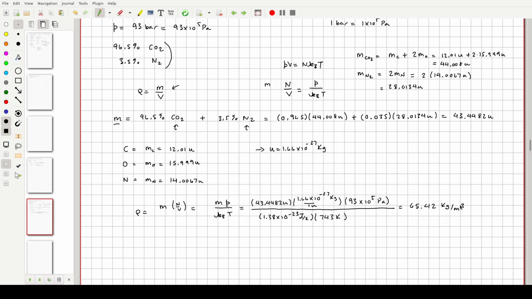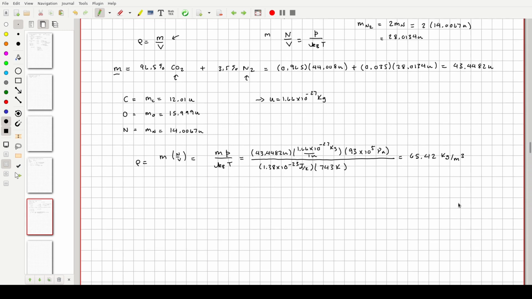Now, for reference, at sea level and at standard temperature and pressure, the Earth's atmospheric density is about 1.2.